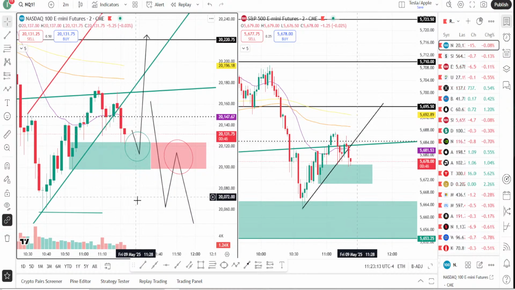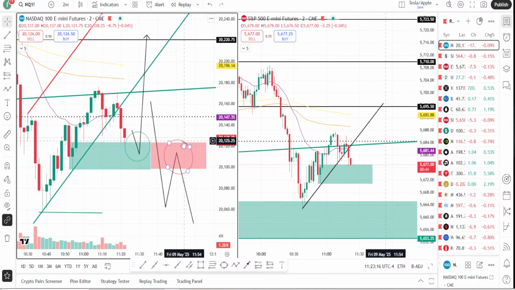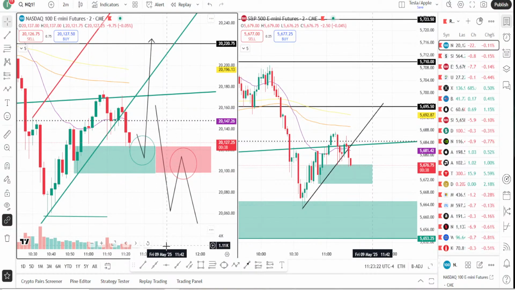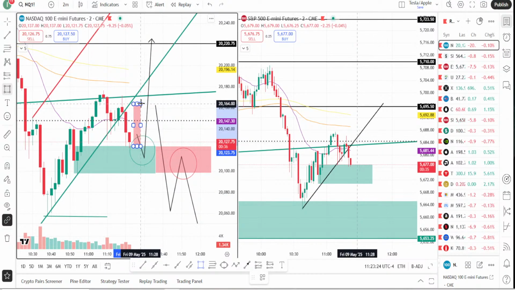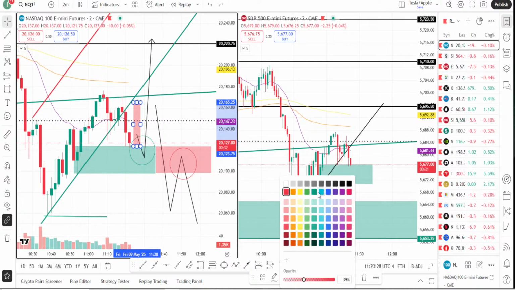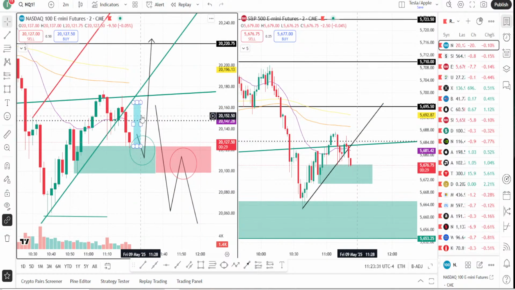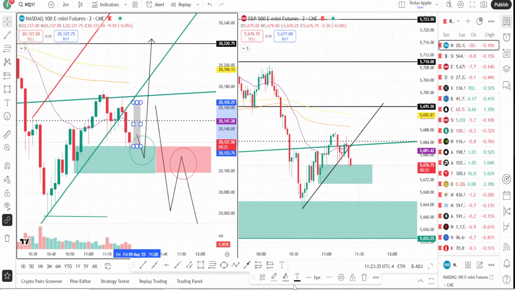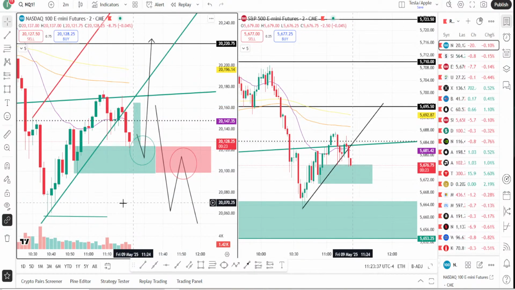I'd rather miss the opportunity and then catch the short, the higher quality setup here. Or if we quickly see buyers step in very aggressive, then I'll take that as a buy signal.